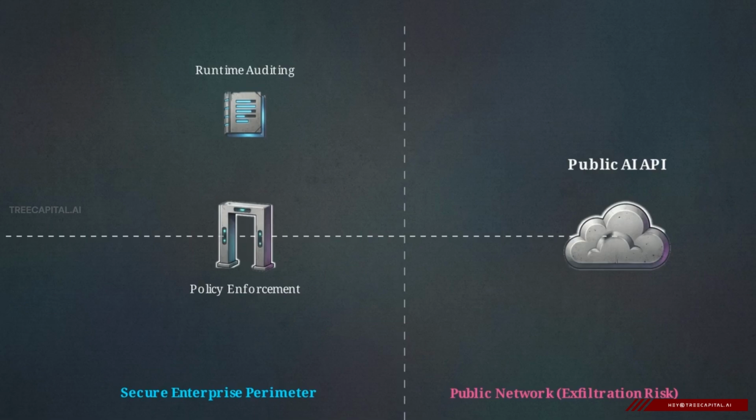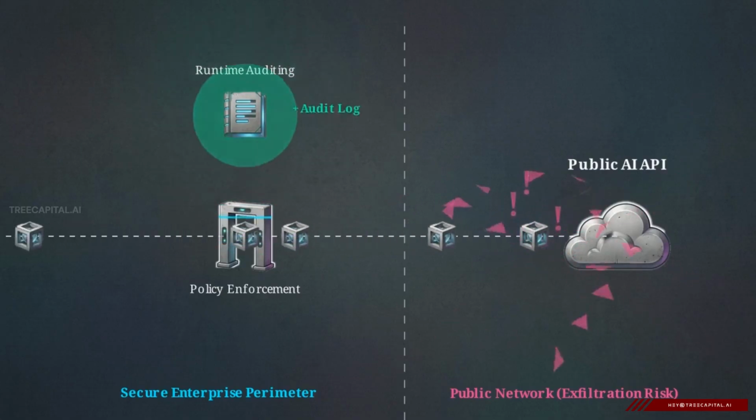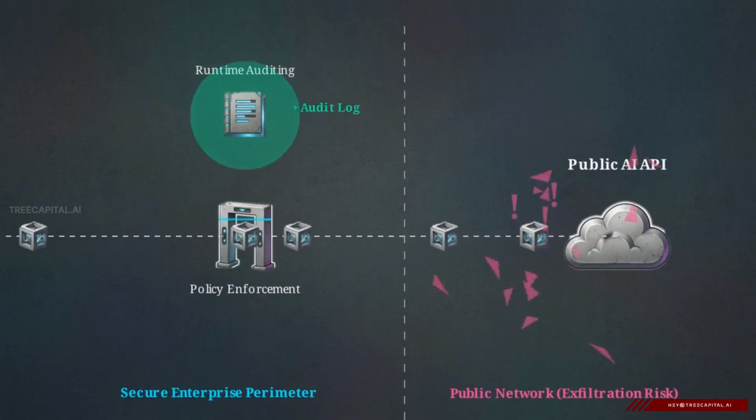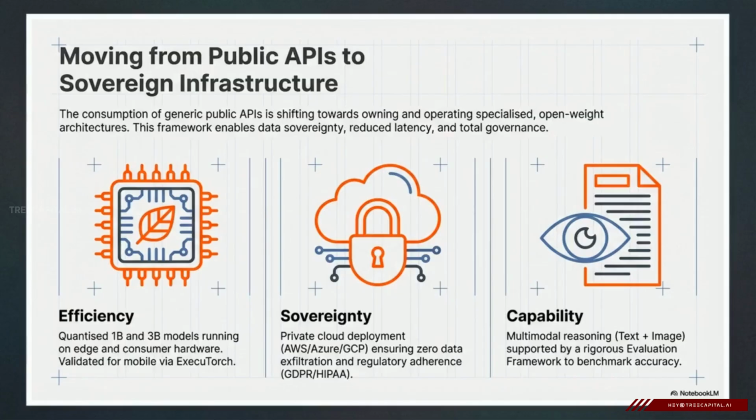The final requirement for context engineering is runtime governance. Every request must be audited to ensure compliance with organizational policies and privacy laws. Attempting to provide this level of proprietary context to public AI APIs creates a massive data exfiltration risk for the enterprise. This is the move to sovereign infrastructure. Deploying Anven within private clouds or air-gapped environments achieves total data autonomy.